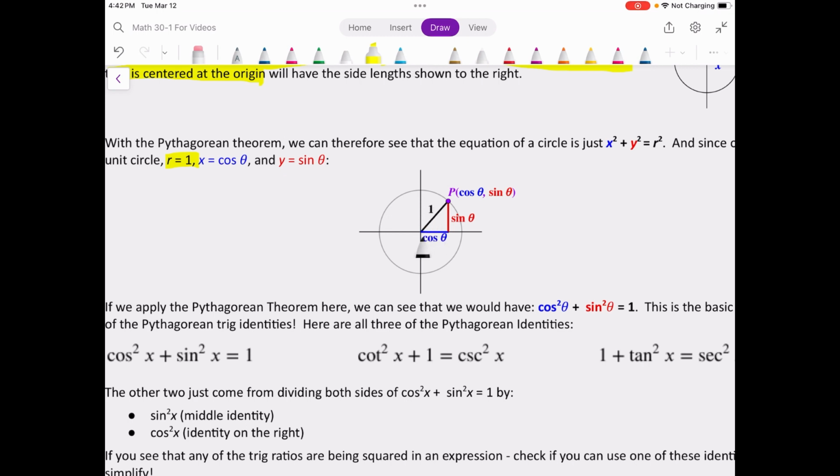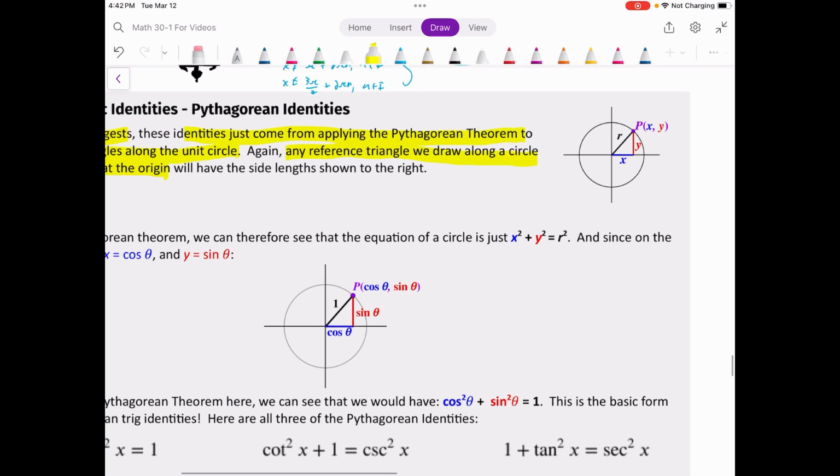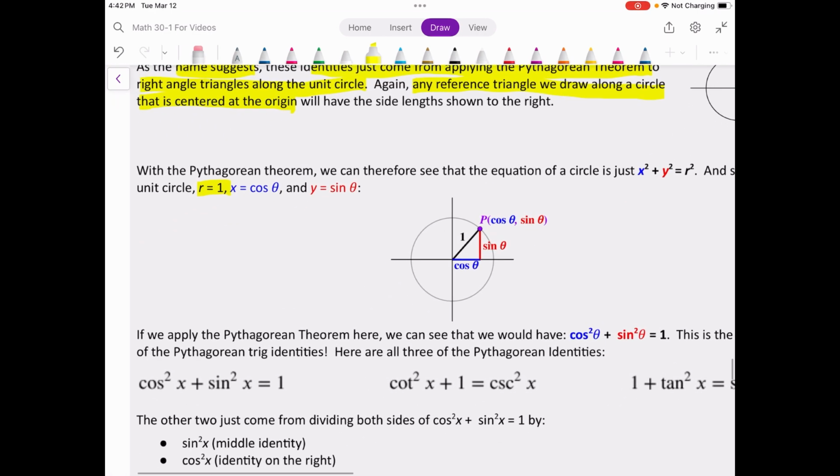So x must be the same thing as cos theta. Opposite over hypotenuse, sine theta, is just going to be that y-coordinate over 1. So sine theta is just the same as our y there if we're on the unit circle. Okay, that's where we got that idea that any point that's on the terminal arm of an angle and also on the unit circle, that point's x-coordinate is just cos theta and its y-coordinate is just sine theta.